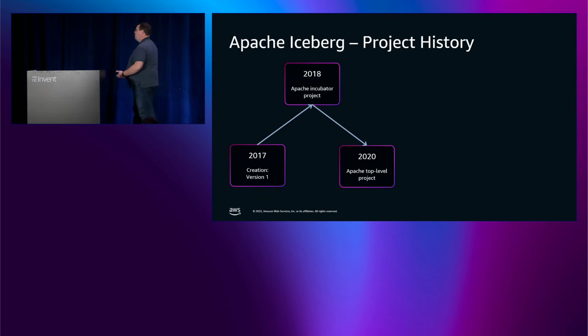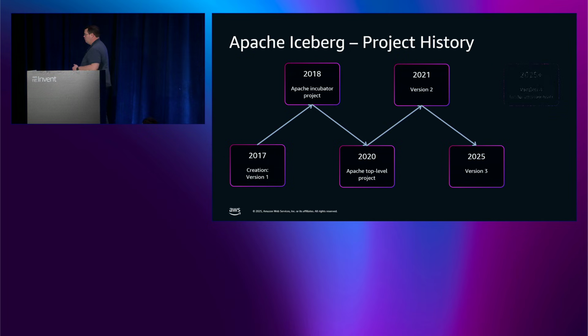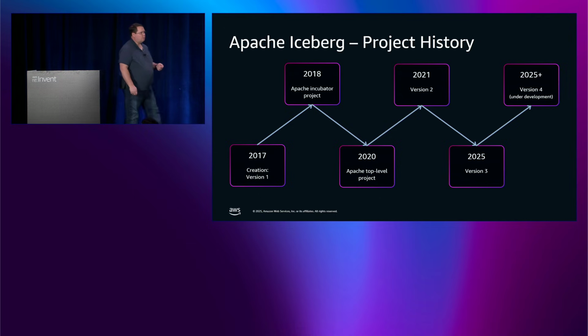Before we get into V3, I want to talk a little bit about Apache Iceberg as a project and the project history. Everything started back in 2017 at Netflix. Dan Weeks, Ryan Blue, and Jason Reed noticed a lot of common patterns around the big data solutions they had at Netflix and started a project they called Iceberg.